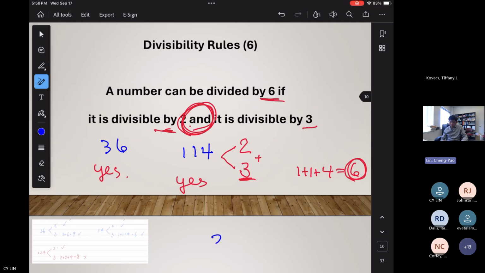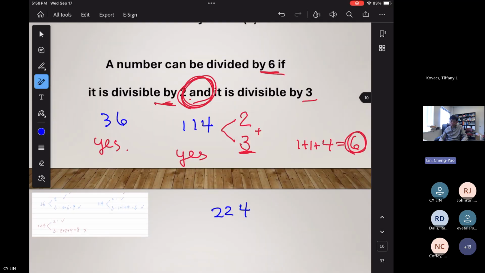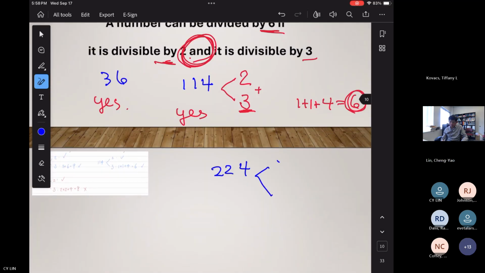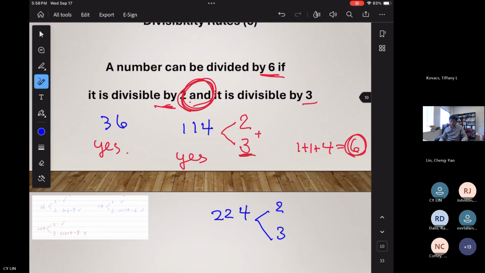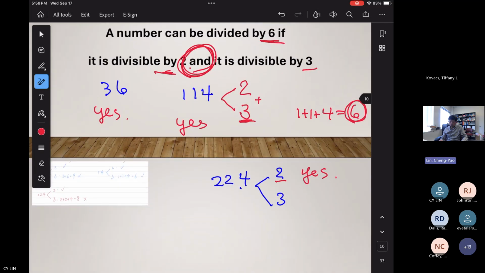How about the next one, 224, yes or no? Very good. It is divisible by 2, but is it divisible by 3, yes or no?